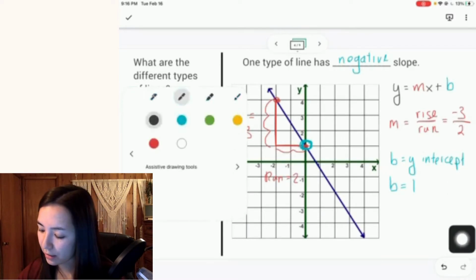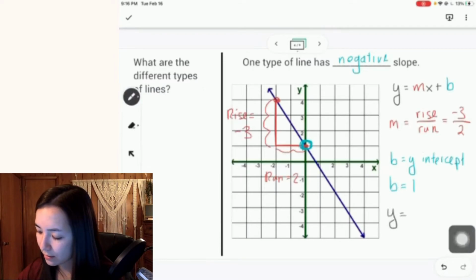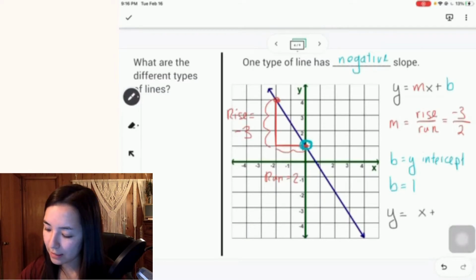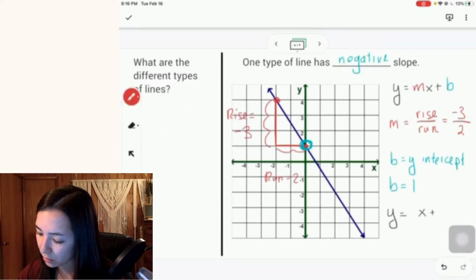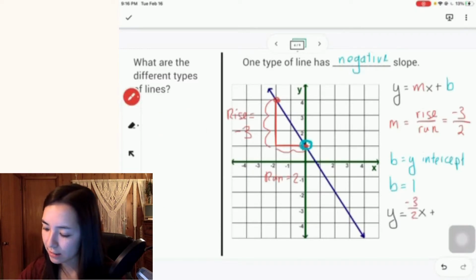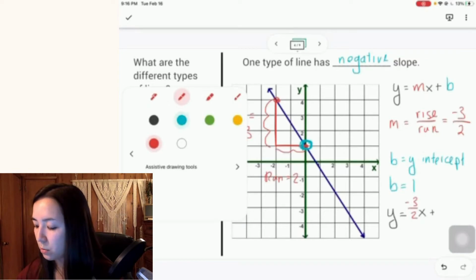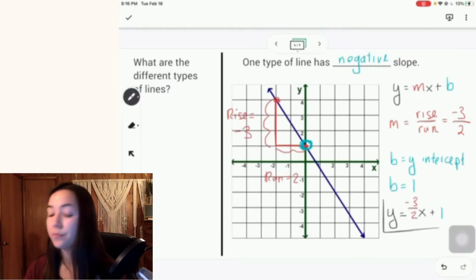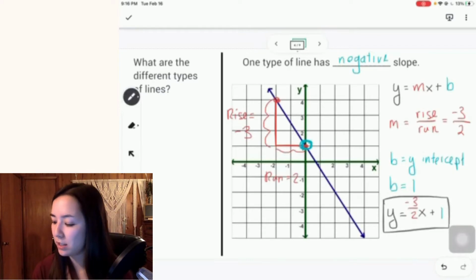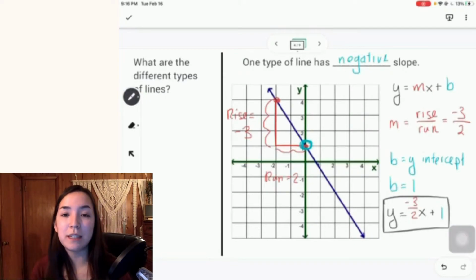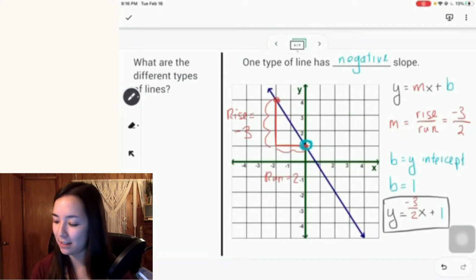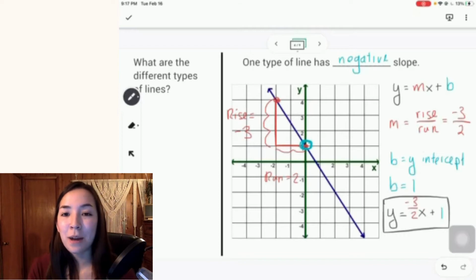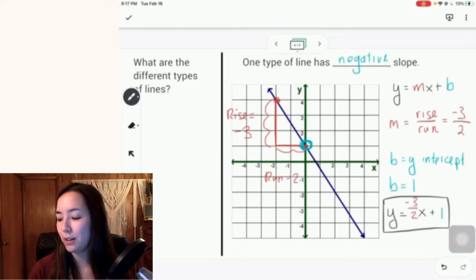So if I were to write our equation, our slope is negative 3 over 2, x plus 1. That is our equation, which is good. Our line is going down, which means it should have a negative slope, and it does. Again, pause the video here and make sure you have this written down in your notebook.